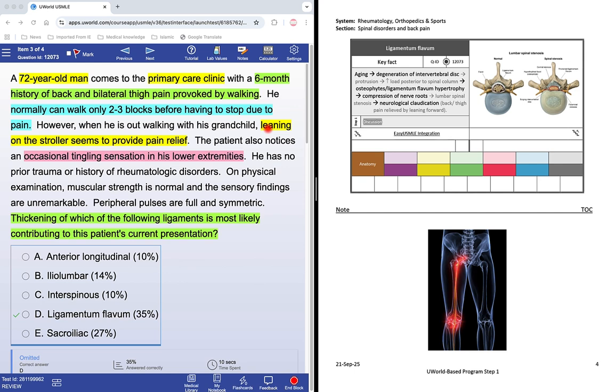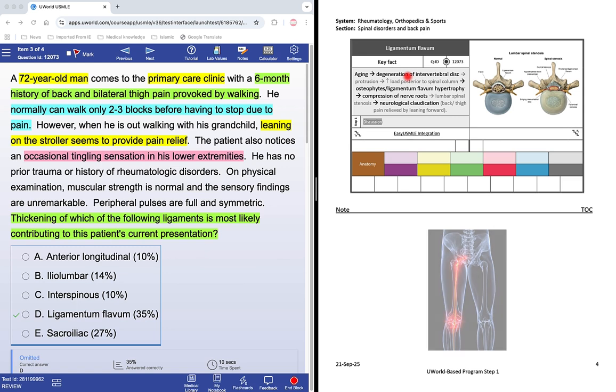Vascular claudication is due to occlusion of the arterial system to the lower limb, and that results in ischemia with walking. But with neurological claudication, there is spinal stenosis that results in pain and decreased sensation.